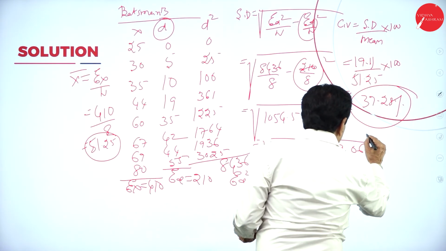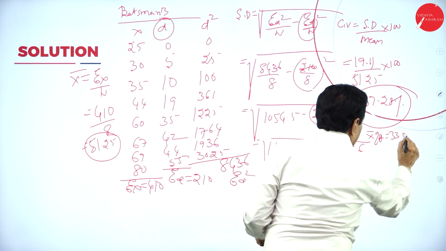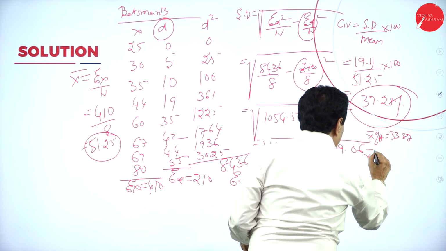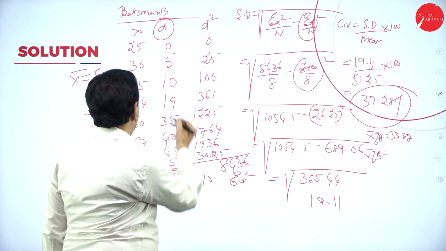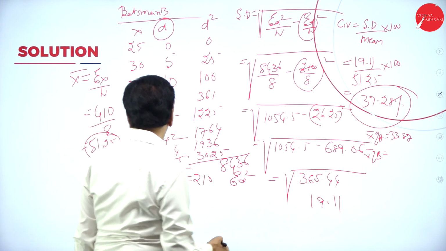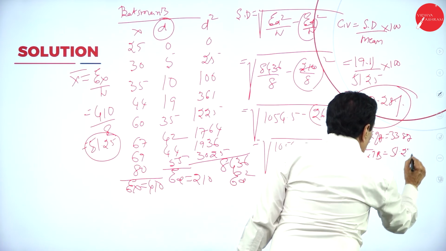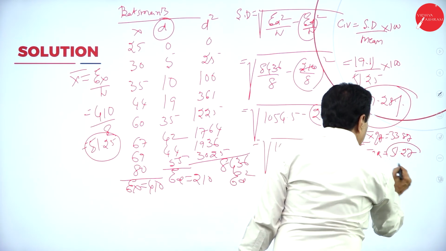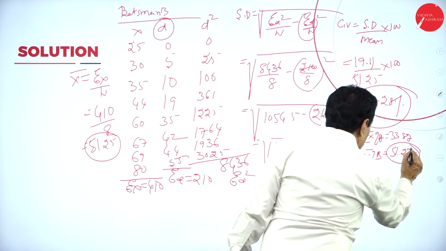Mean of A is 33.87. Mean of B, batsman B, is 51.25.